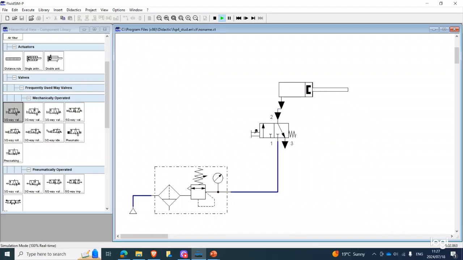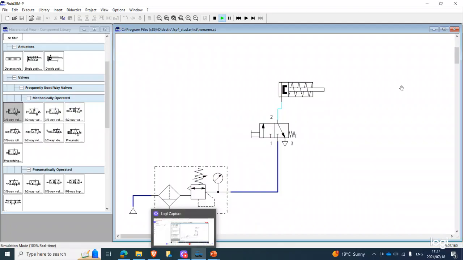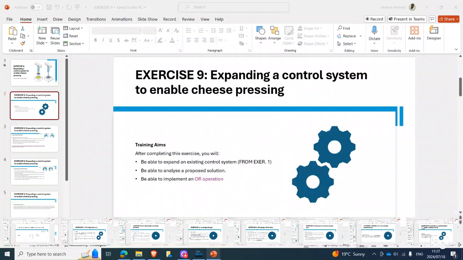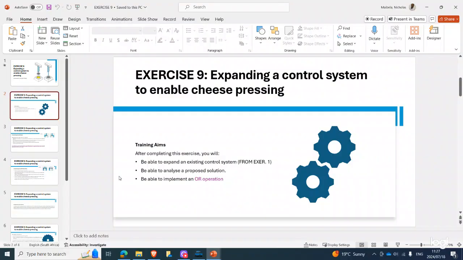The purpose of this exercise is for us to expand on this design, to make it more complex and able to achieve a higher function. We'll be expanding on this design through implementing an OR solution.